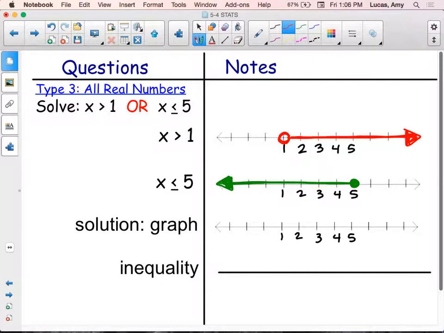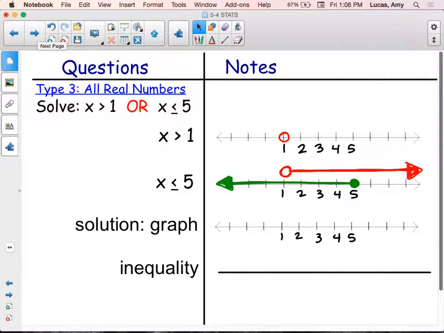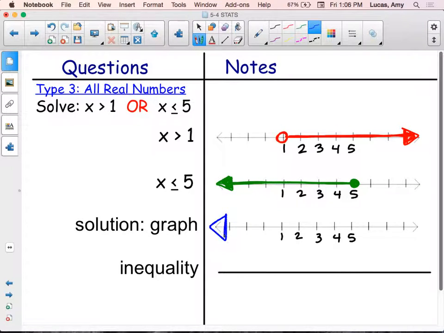So what happens if I unite these two together? You take a look at this one. When I've united them together, they cover the entire number line. Every single number is included on one ray or the other. So that means that for my solution number line, I need the entire number line like this, the whole thing, because this union covers every number.